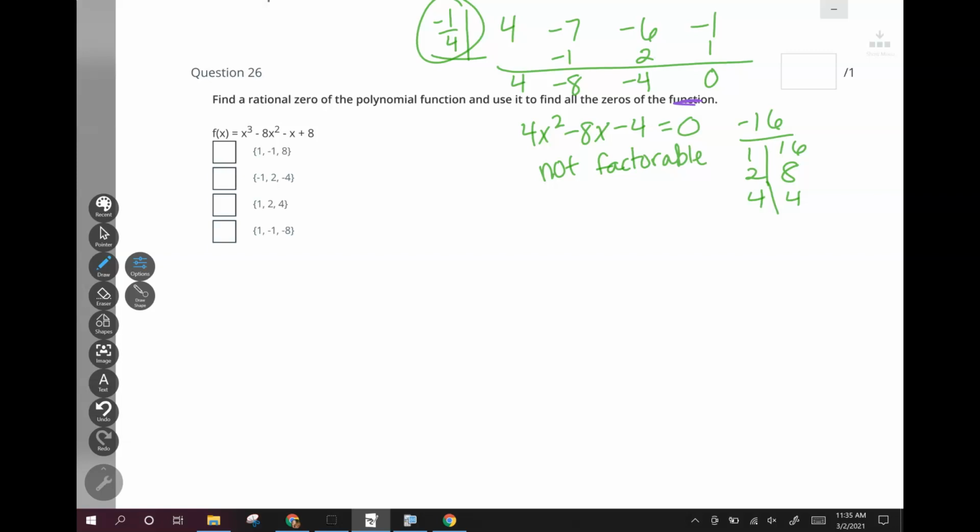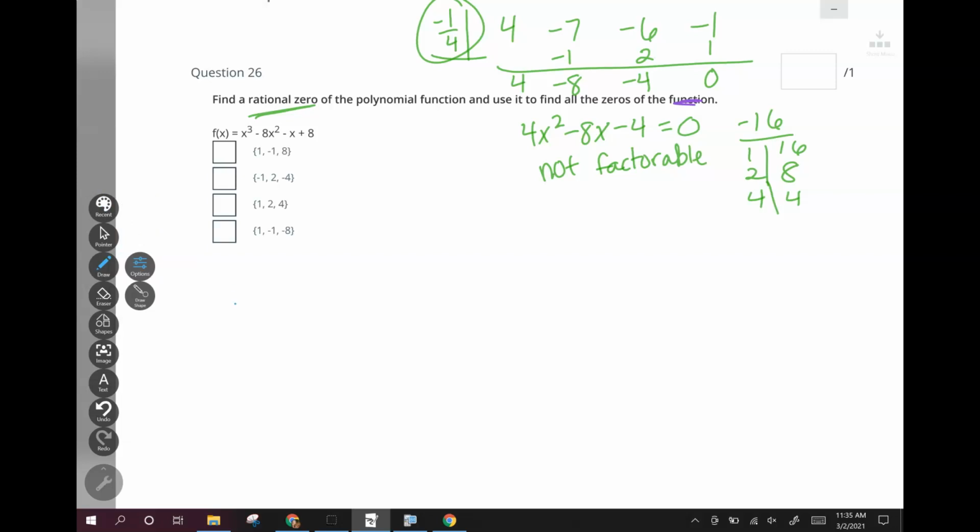So same idea here. You can use synthetic division to factor this one, but actually if you pay attention, this one is factorable just in general. So if the directions say that you need to use synthetic division or whatever first, find a rational zero first, you do need to show that method on your work.